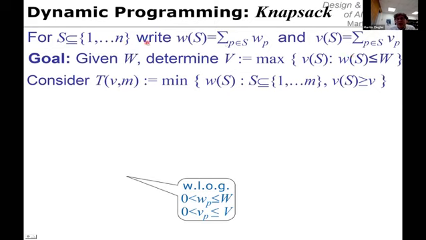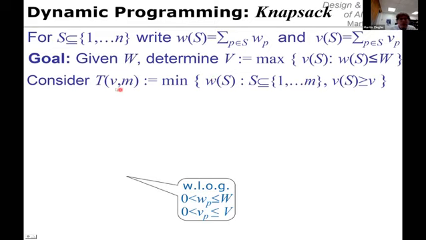We want to find a subset of these n packets. And to this end, we solve several minimization problems, minimize the weight subject to several value constraints. Here observe that V is also a parameter, and we only consider the first m of the total number n of packets, where m will also vary.